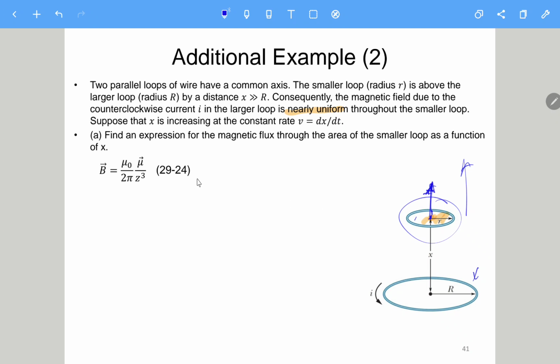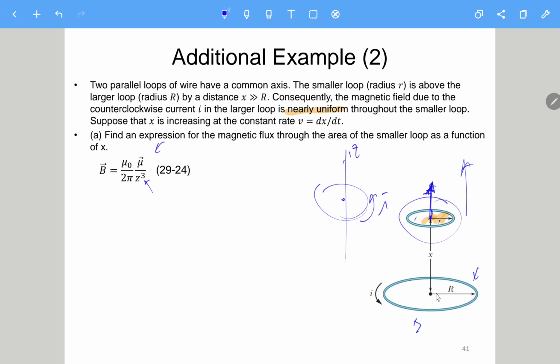Before, in chapter 29, we know that if we have a magnetic dipole with a current I, and this is the z-axis, the expression will look like this.